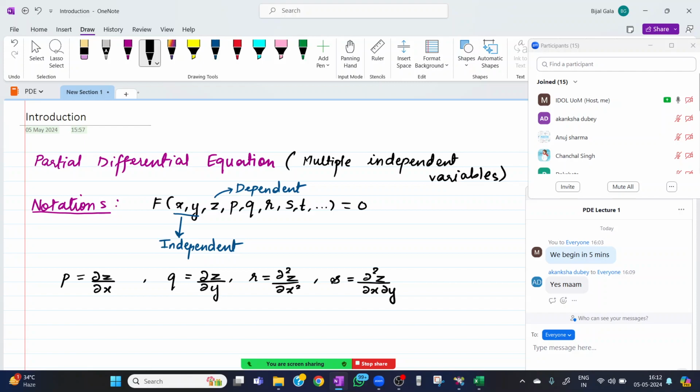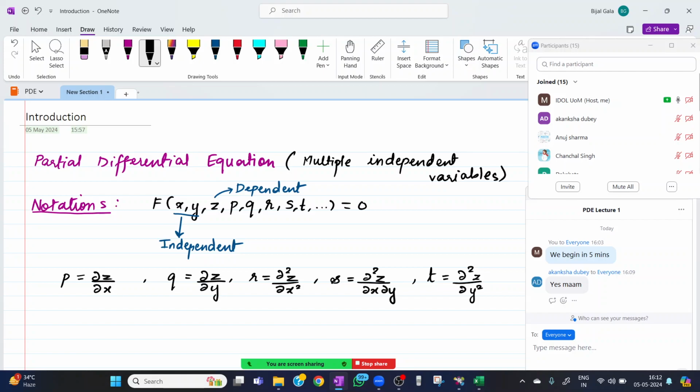The answer would be the same in both the cases. And lastly, t would be the double derivative of the dependent variable twice with respect to y. So these are the general notations which we will come across throughout the syllabus here.